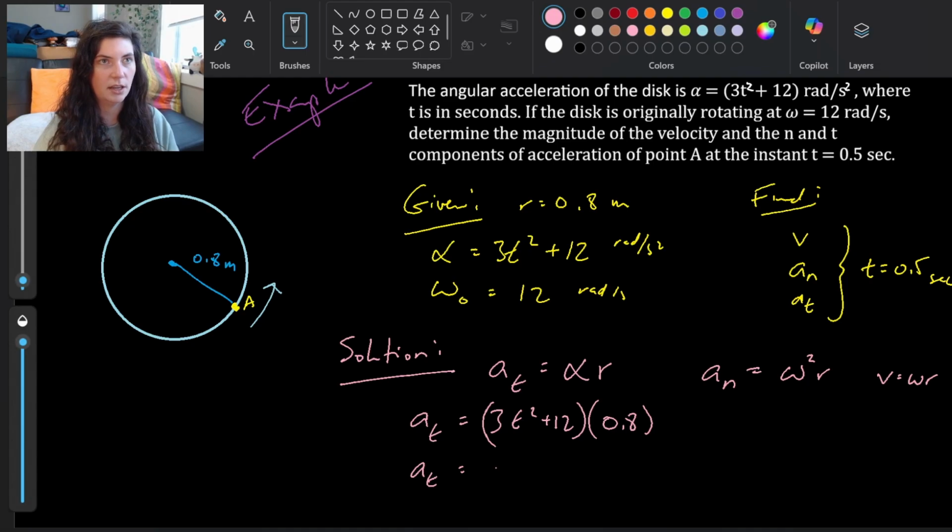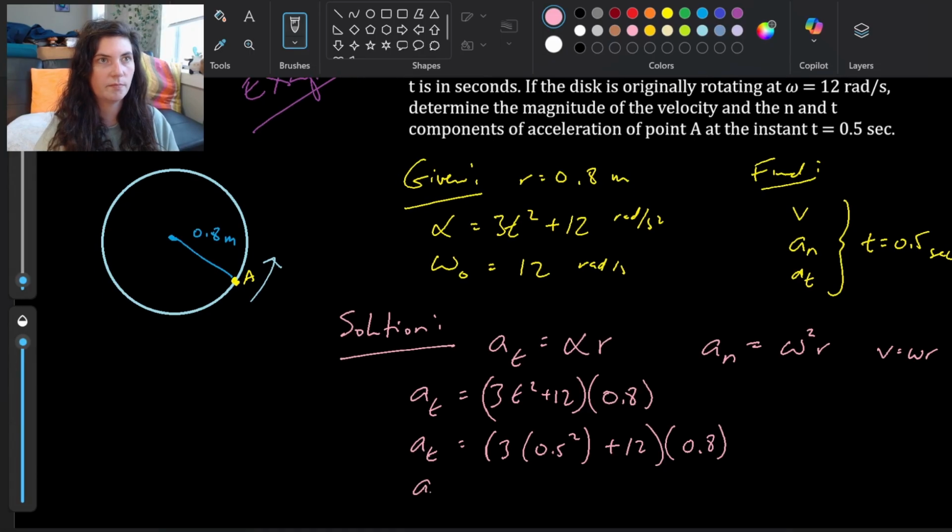My tangential acceleration is 3 times 0.5 squared plus 12, and then all of that is times 0.8, which when I punch that into my calculator, I'm getting 10.2 meters per second squared for my tangential acceleration of point A.